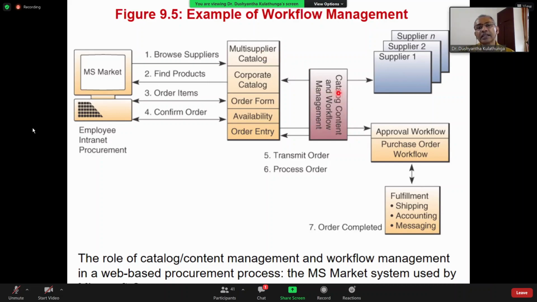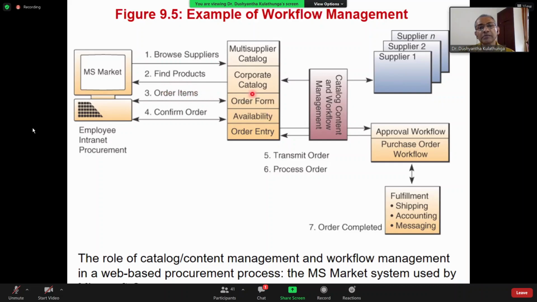It may be available internally, or we may access that information through extranets as well. Certain information may also be available within the organization inside corporate catalogs. So browsing suppliers and finding products may depend upon different catalogs, whether available internally or externally. Thereafter, we can decide on a supplier and place an order.